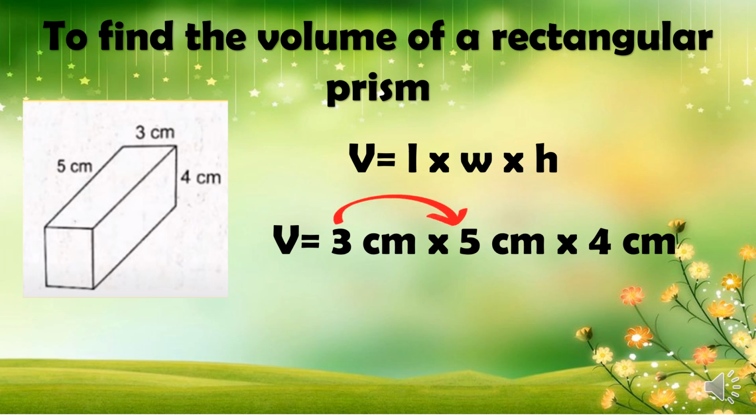So when we multiply 3 times 5 times 4, we will have V equals 60 cubic centimeters, or the volume of the figure is equal to 60 cubic centimeters.